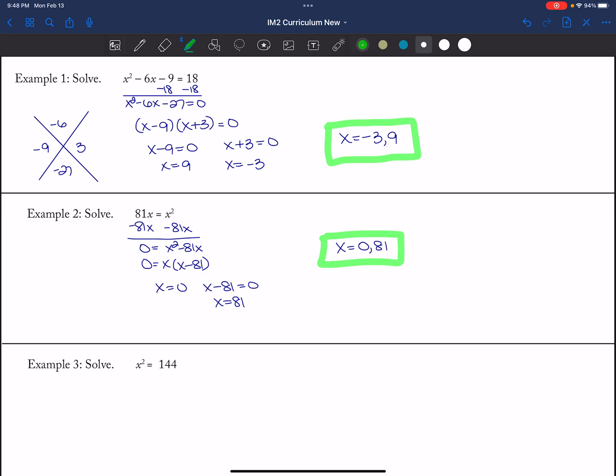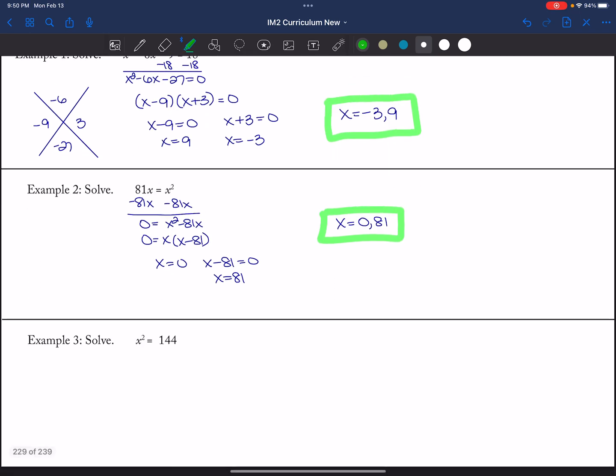Okay, so now, the reason why we do this is because I'm going to have two sets of parentheses. But if I'm not going to have two sets of parentheses, then I don't always need to make one side equal to 0. Me personally, I would make one side 0 for right now.